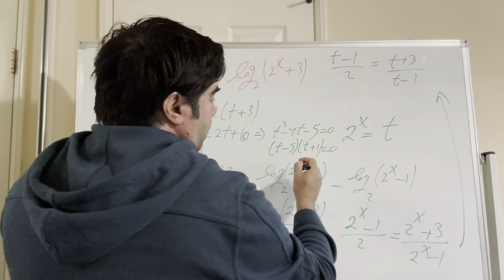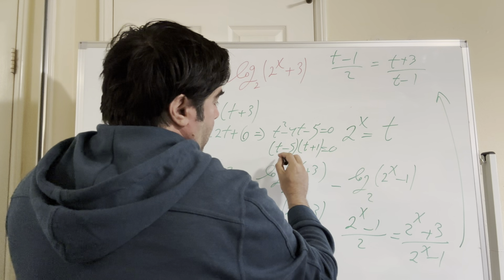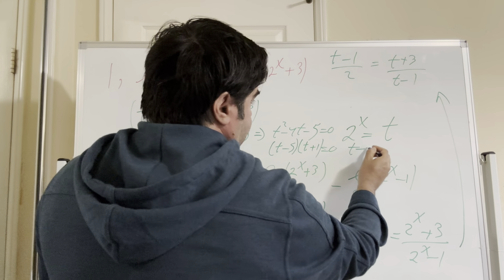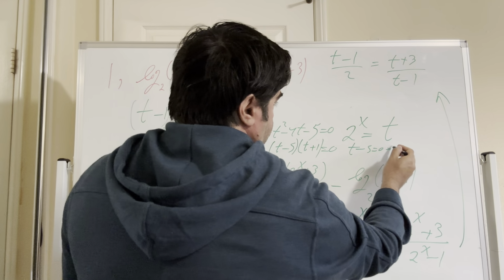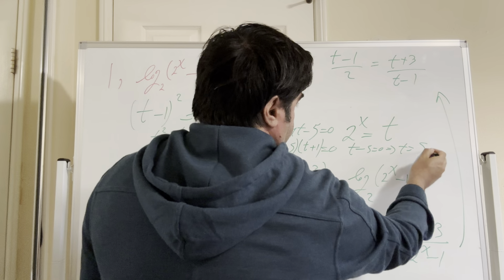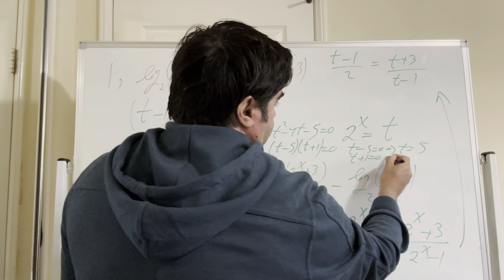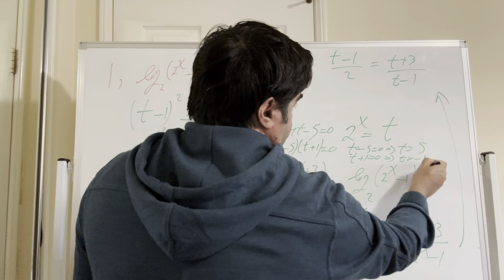So based on the product zero property, we're going to equate each parenthesis to 0. So I have t minus 5 equals 0. Therefore, t is equal to 5, right? And then t plus 1 is equal to 0. Therefore, t is going to be equal to negative 1.